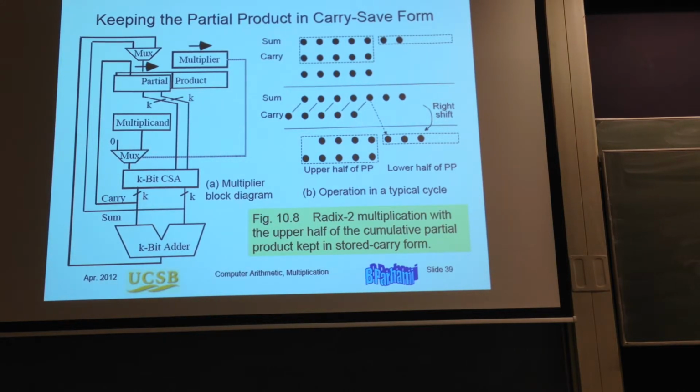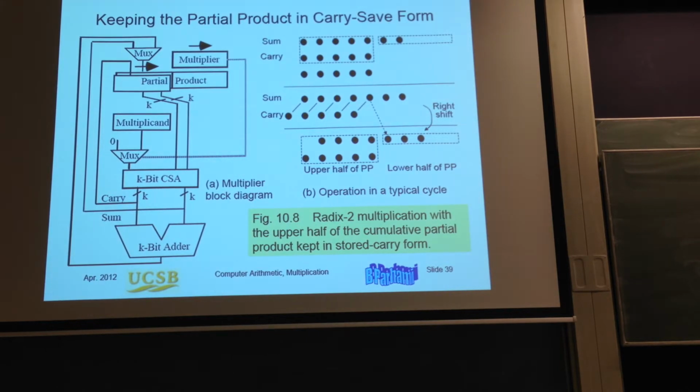This is an implementation. Now I can do this trick while keeping the partial product in carry save format. It's still iterative. Then I have n cycles or k over 2 or whatever cycles I need in order to deal with the number.